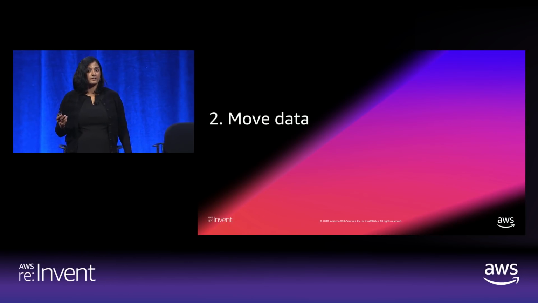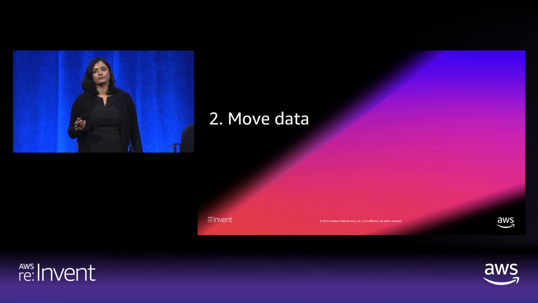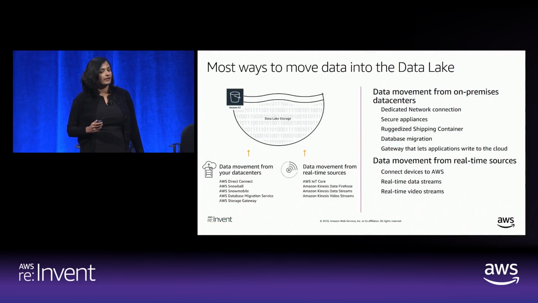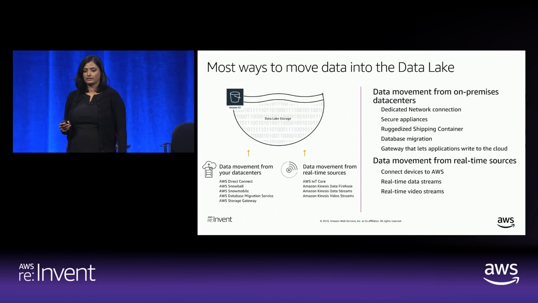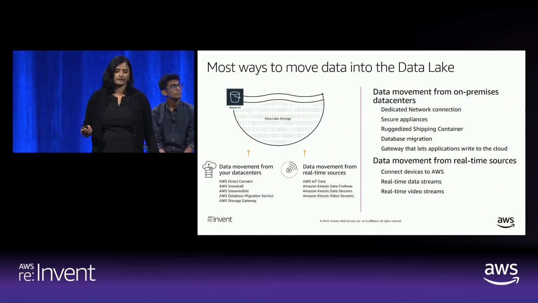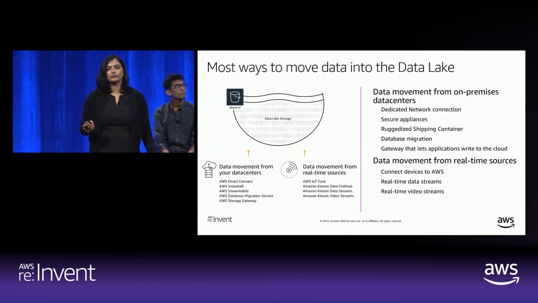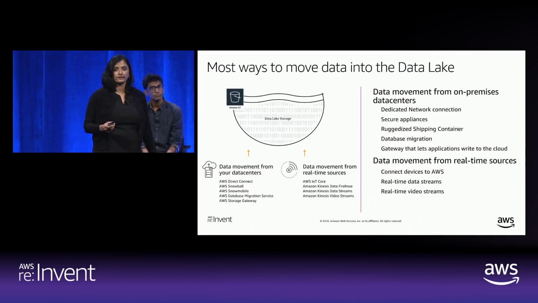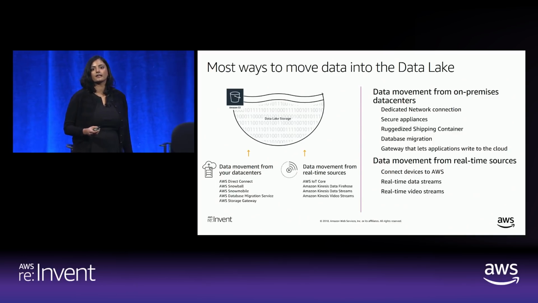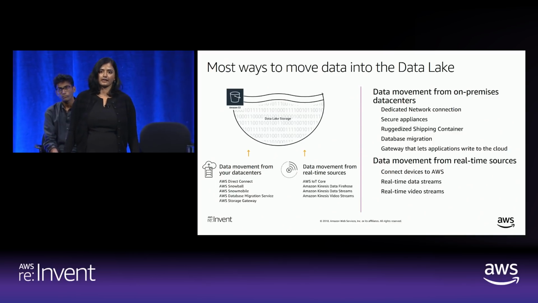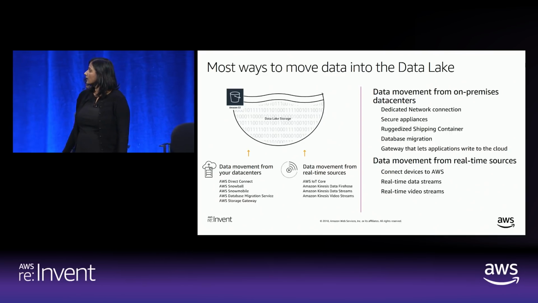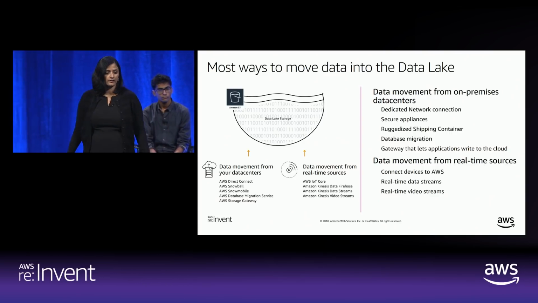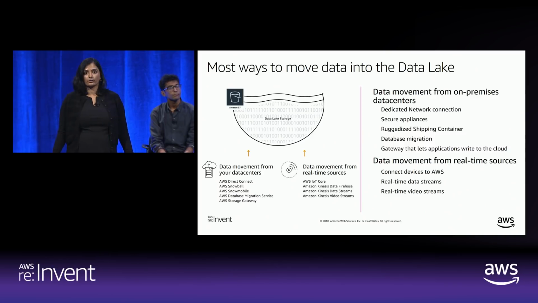The second step is moving data to your S3 data lake storage. AWS provides the most amount of ways in which you can move data to the data lake storage in S3. You can move data from your on-premise sources using services like AWS Direct Connect, AWS Snowball, AWS Database Migration Service, and AWS Storage Gateway.